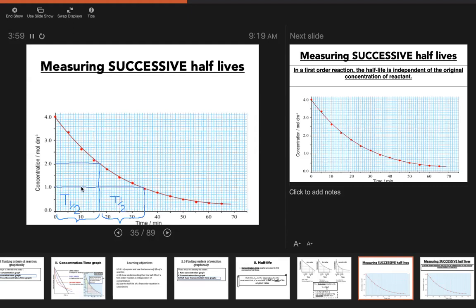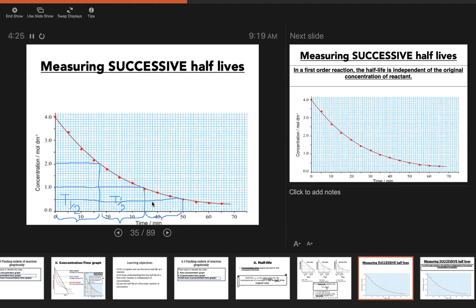If we go on further, half of 1 mole per dm cube is 0.5. Of course, we can still go further. Now, that's not a straight line, but when you do it, you should be drawing a straight line, okay? So the time taken for the concentration to drop from 1 to 0.5 is this section of the graph.